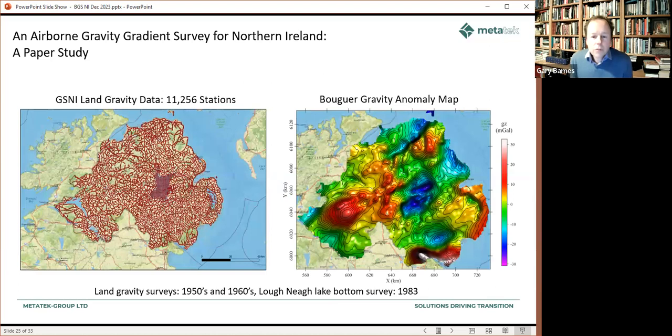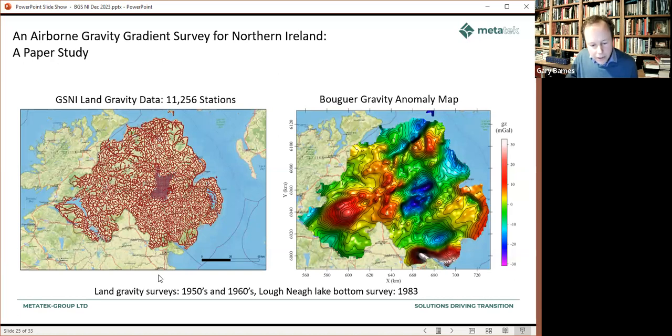So moving on to the land data in Northern Ireland, what we have in Northern Ireland is quite a nice coverage as well. There are slightly more than 11,000 stations. I think possibly more recently there's been some extra data added to this compilation.